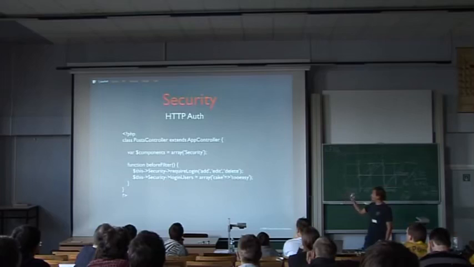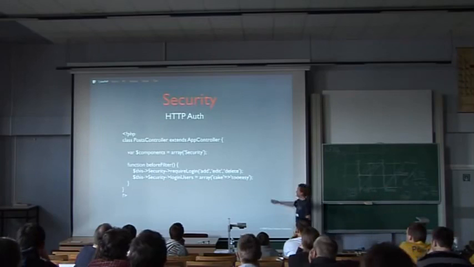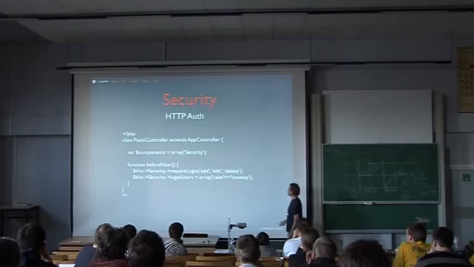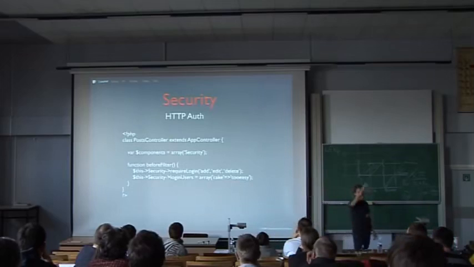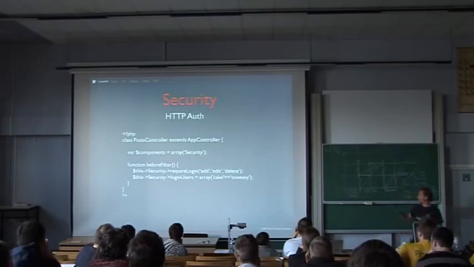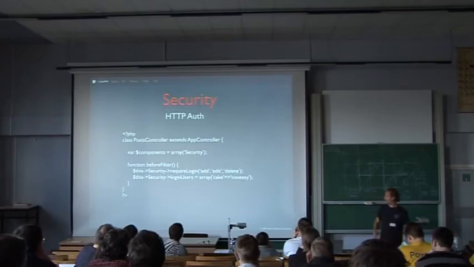So you've got a controller, you add the component, and then you can require login on specific methods, and then you can set up your login users, where the user and then the password. So that would be it. You get a little drop down if you went to the browser and you tried to pull up any of these add, edit, delete functions. You'd quickly get that drop down, and you'd have to type in Cake and too easy to move on.